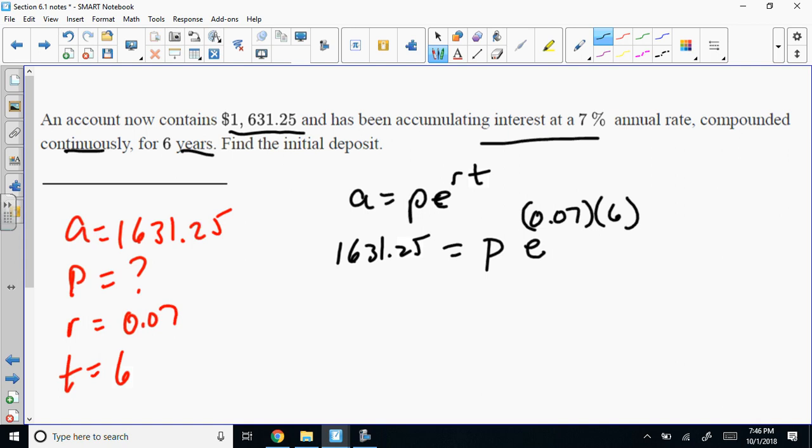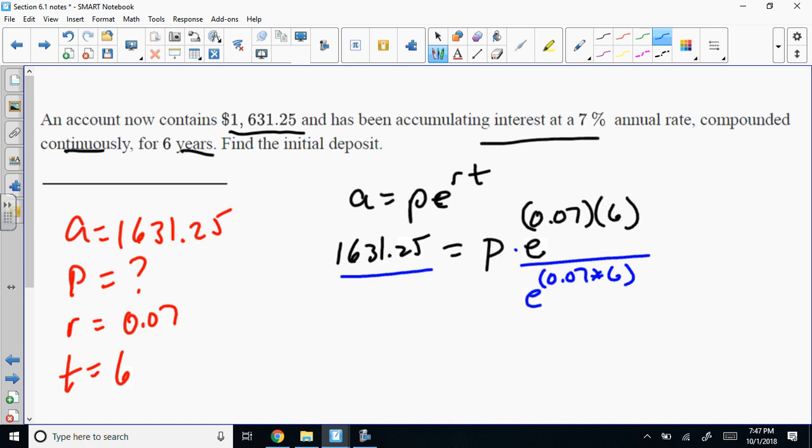All right. So what are you going to do first? Can't subtract. Divide. Yeah, divide, because it's times P times, so we'll just divide. You could do 0.42 if you wanted to.